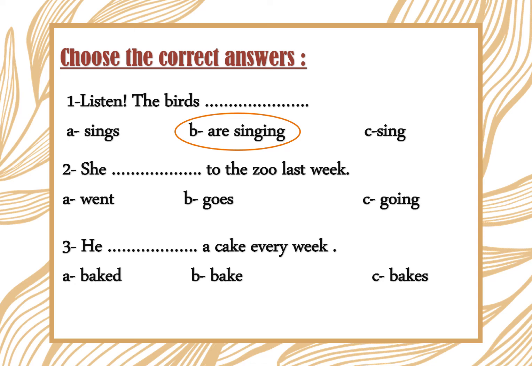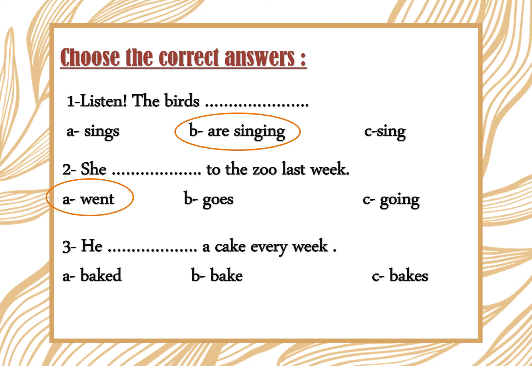The keyword here is last week, and it's used for the past simple tense. So my answer is supposed to be in the past simple tense too. Of course, here we will use went. She went to the zoo last week.